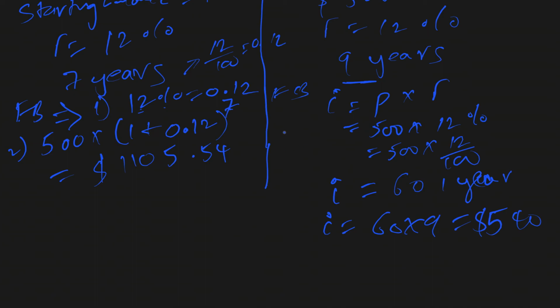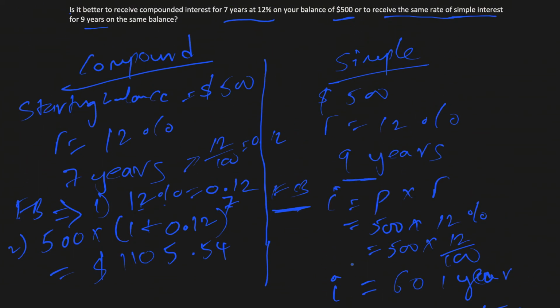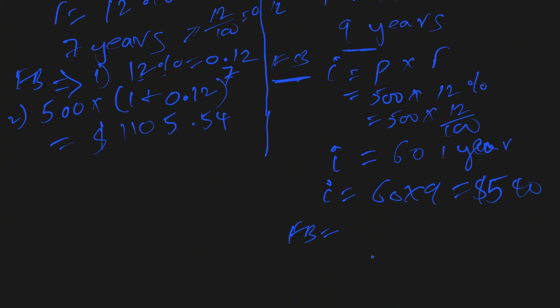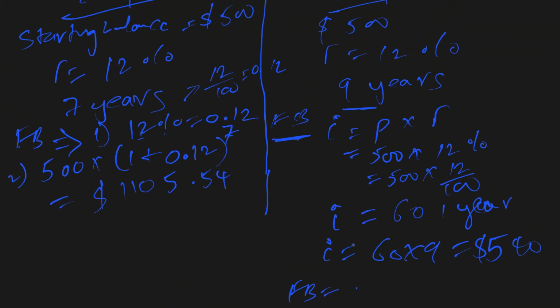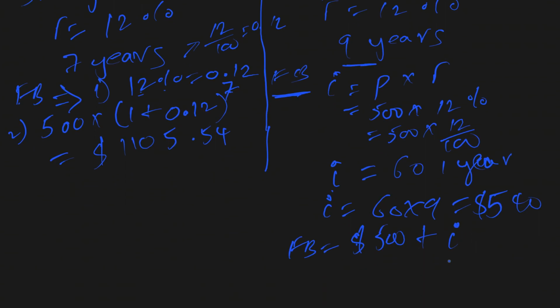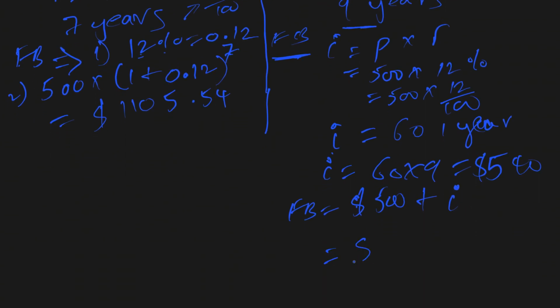Now, we want to find out the final balance. In simple interest, final balance would be nothing but our initial balance, or starting balance, which is $500, plus interest earned, which is I. So $500 plus 540.